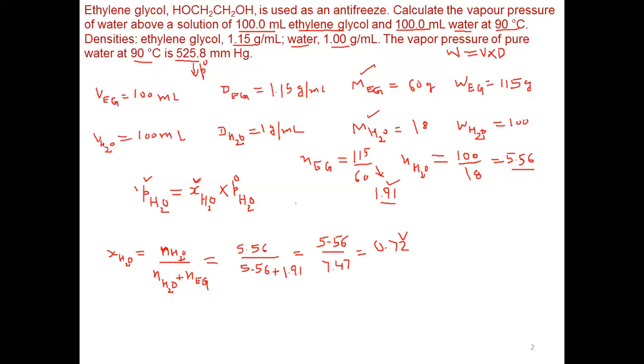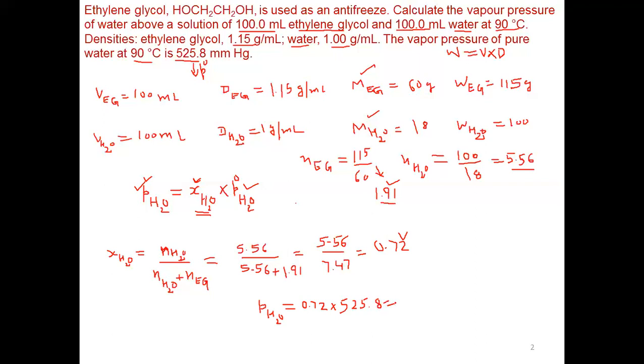Now we have to calculate the pressure of water. So we will just put the value of X water and P naught water. P naught water is 525.8. So P water, the pressure of water in a solution of water and ethylene glycol, is equal to its mole fraction, which is 0.72, multiplied by its vapor pressure in pure state, 525.8.